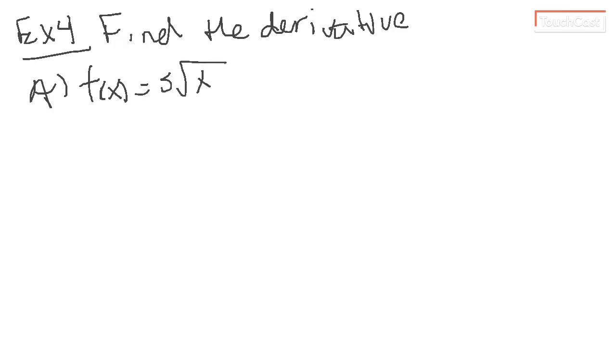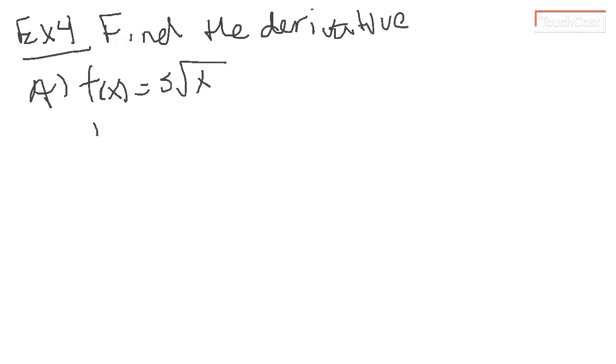of x. Now, something I want us to first recall before we even find the derivative, we can rewrite any radical as a rational exponent, meaning an exponent that's a fraction.